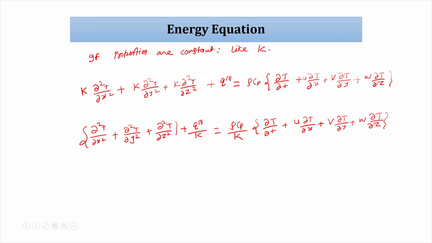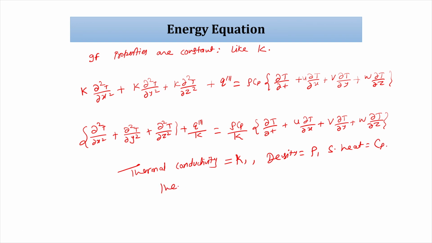Okay, and that is known as thermal conductivity K, density rho, specific heat Cp. Thermal diffusivity equals K divided by rho Cp.